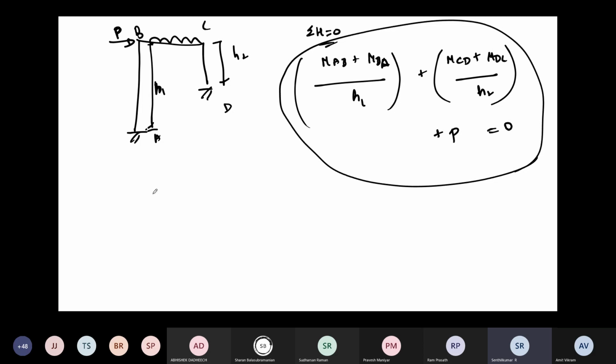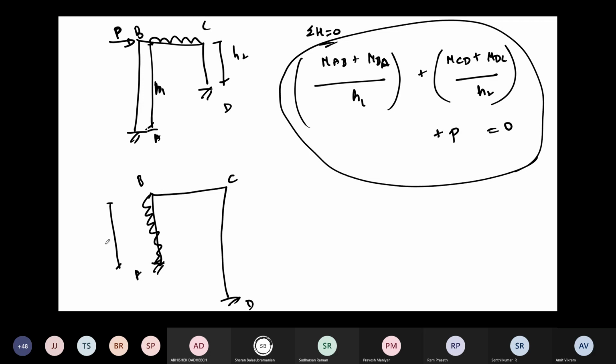Okay, one more try. What will be your equation? So MAB will come, MBA will come due to the loading. This is anti-clockwise, right?